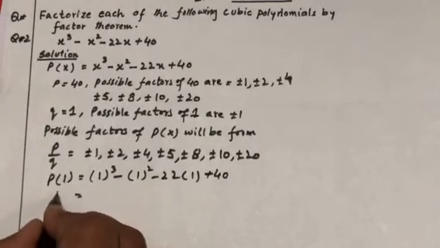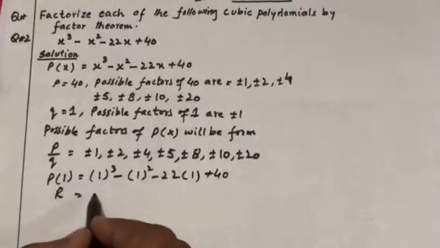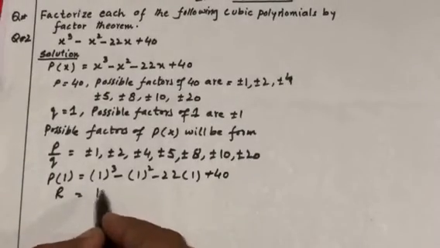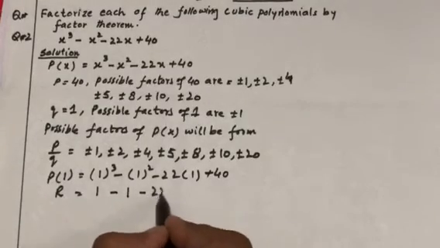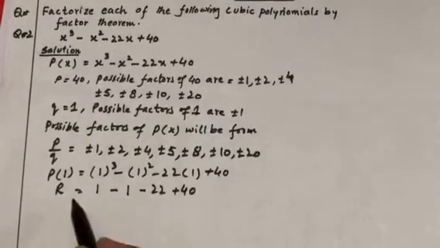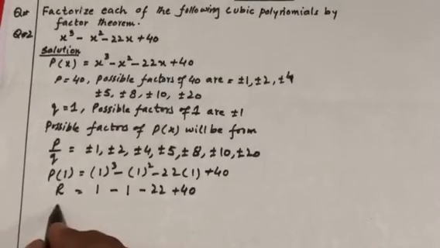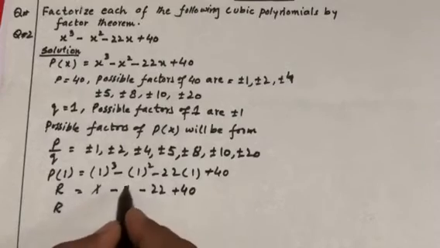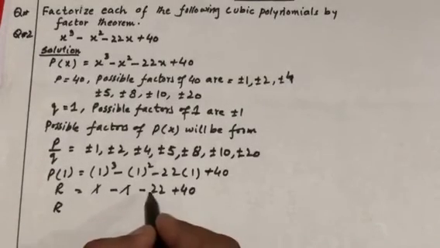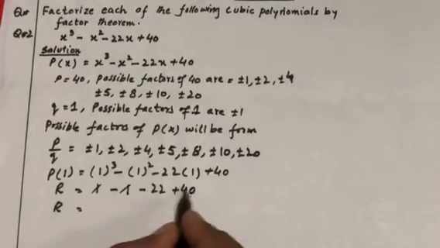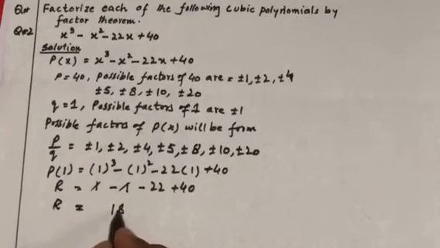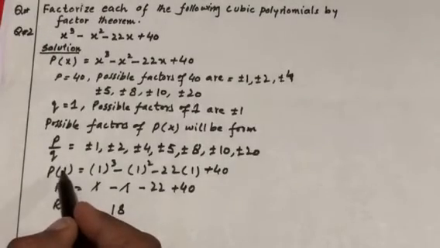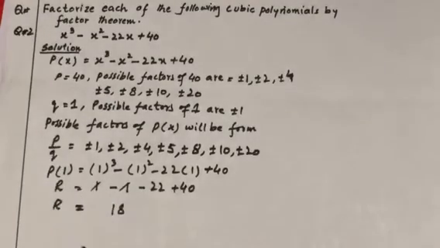If we simplify, the cube of 1 is equal to 1, the square of 1 is equal to 1, minus 22 ones are 22, and plus 40. And if we simplify all these integers, plus 1 and minus 1 will cancel out. So 40 minus 22 becomes 18. So the remainder is not equal to 0. So it means x equal to 1 does not make a factor of the polynomial.